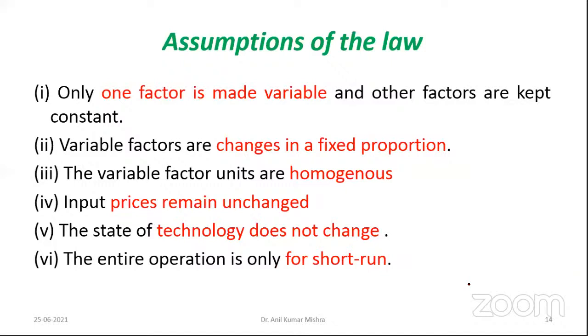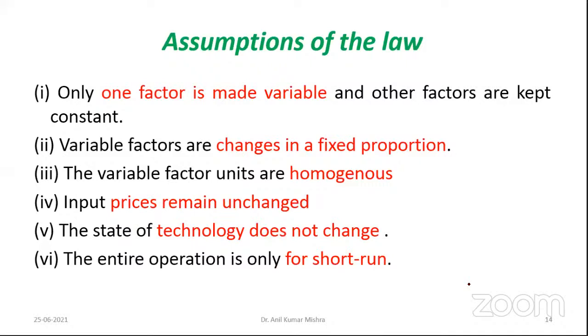While taking the production process into account, the prices of all the inputs used remain constant. The prices should not fluctuate during the production process. If the price fluctuates, production may go on, no problem about it, but the output may change. That has some impact upon the output. Therefore, we have to assume it remains constant.